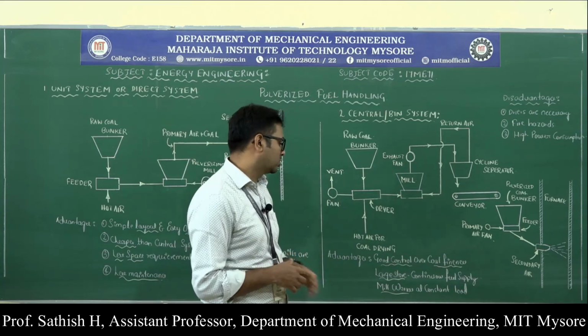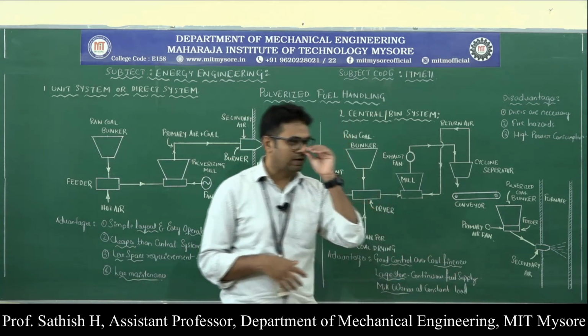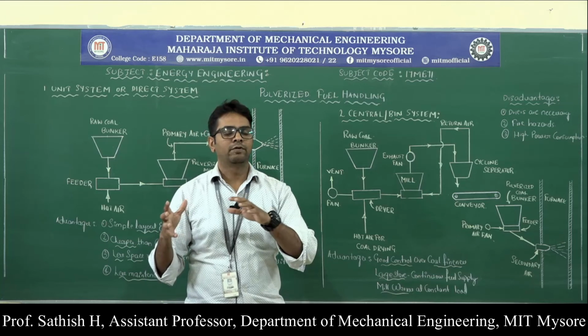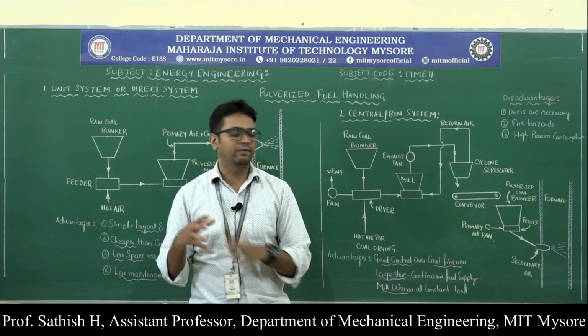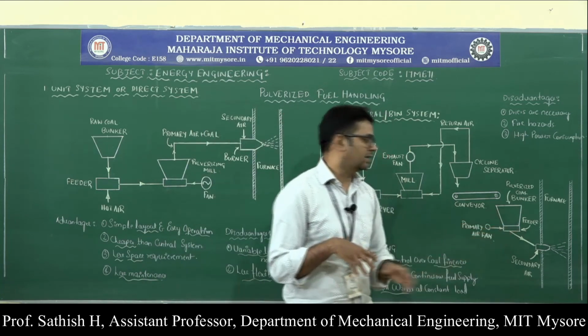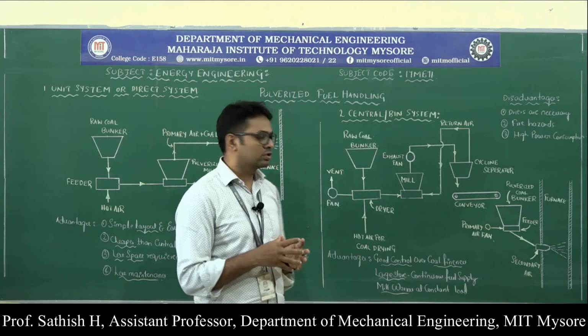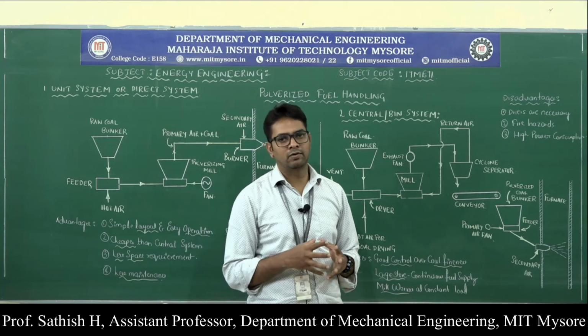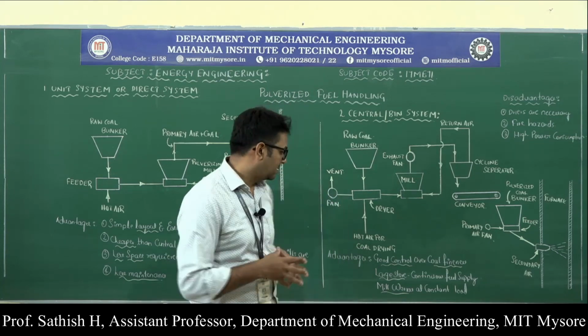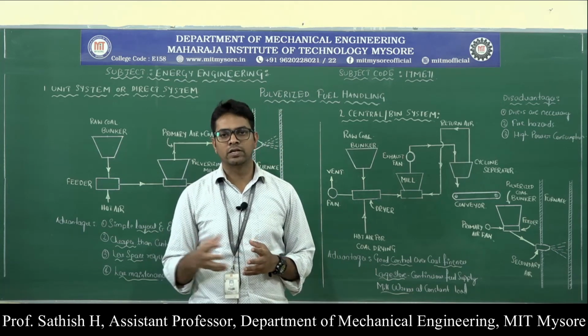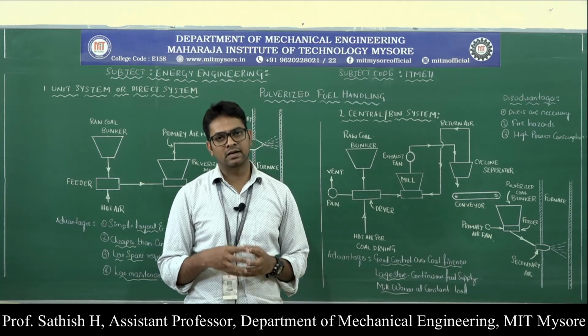Then there is large storage and continuous fuel supply. Since we have a central bin, called the pulverized coal bunker, that stores a certain quantity of pulverized coal, it helps in continuous fuel supply, and there is no intermittent fuel supply.